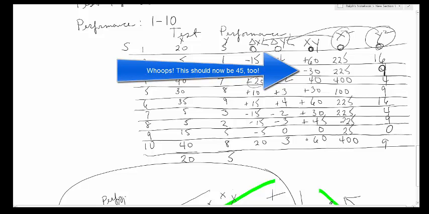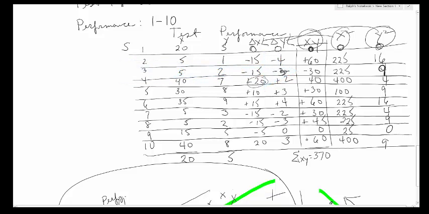Okay, so the sum of all of the x times y's, that's this column right here. Here are all the x times y's. We'll add them up to come to the sum of all the x, y's. And this is 370. The sum of all the x squares equals 2050.